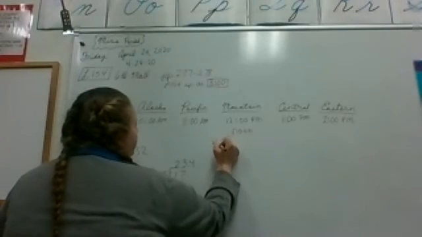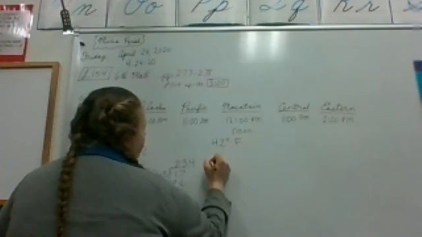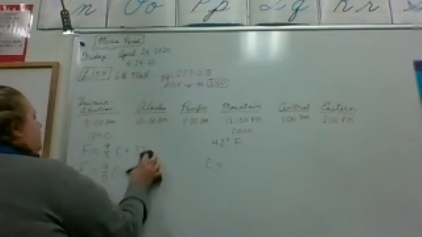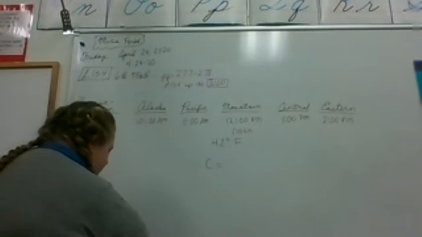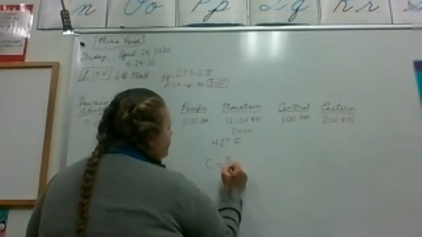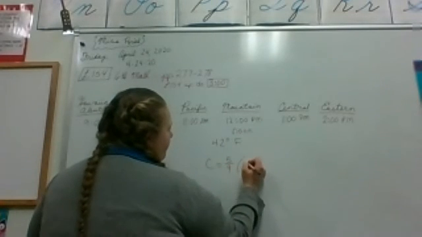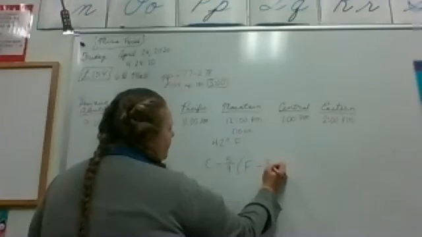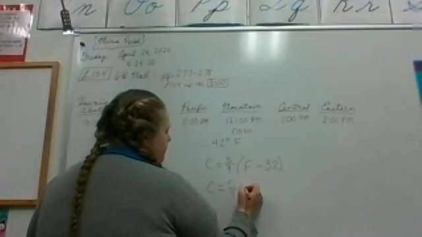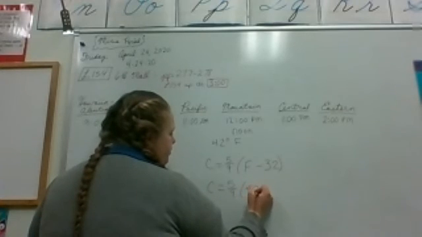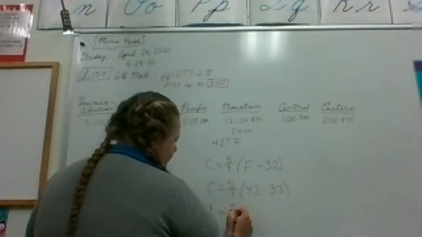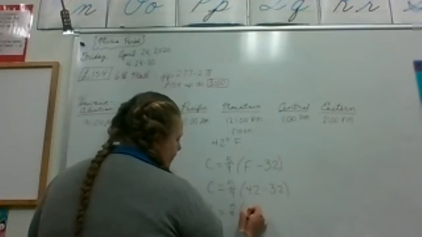The other one was 42 degrees Fahrenheit. So we're going to find Celsius, right? Okay, so C equals, and we're going to flip it over and do 5/9 times F minus 32, okay? So C equals 5/9 times 42 minus 32. 5/9 times 10, right?